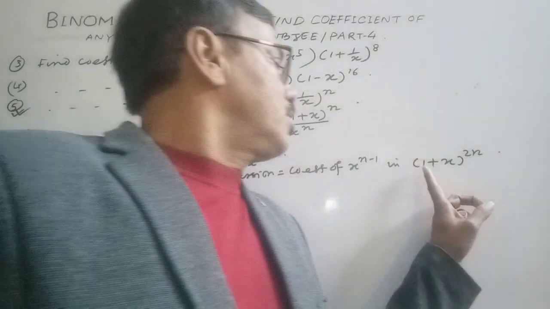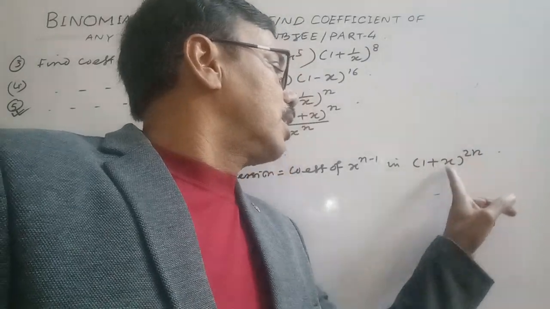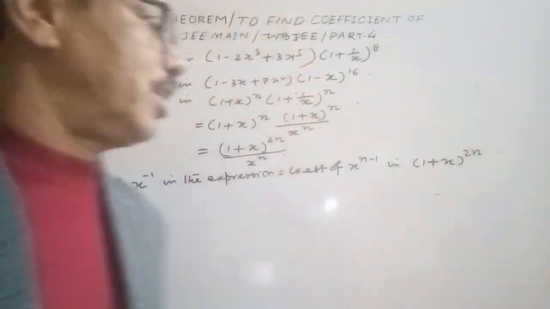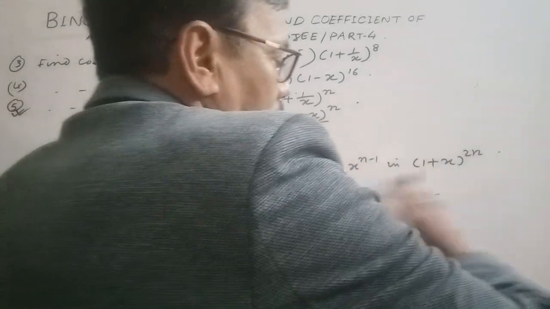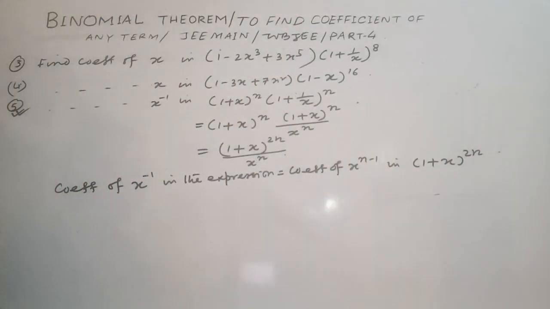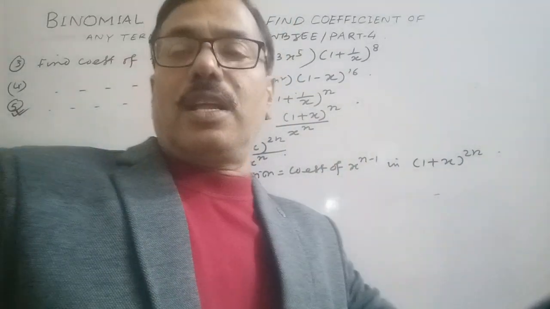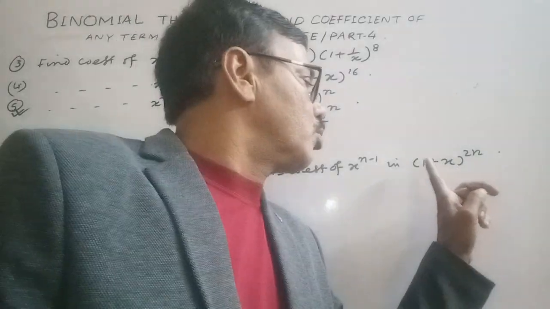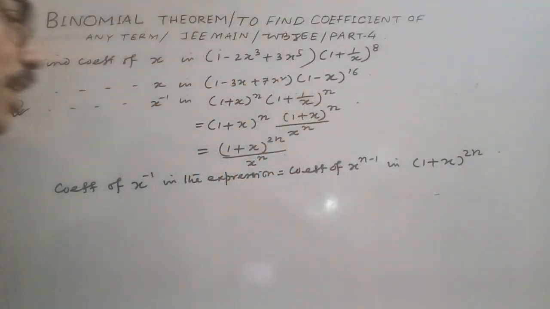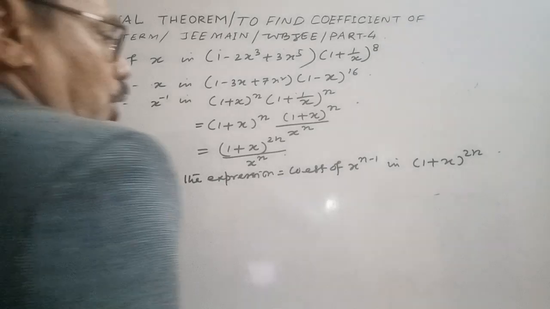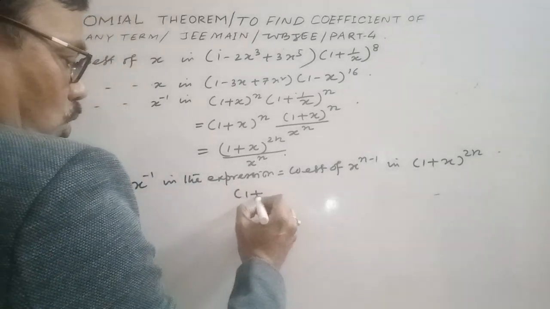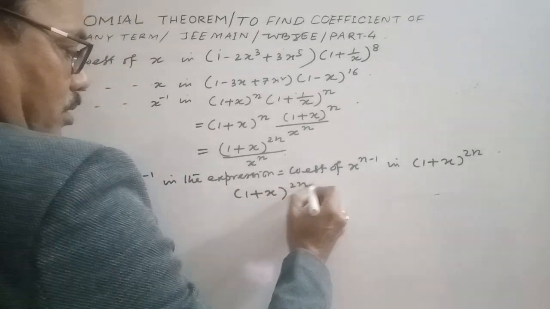Now, one term is 1 and another is x. So, this is very simple. No need of taking general method, because first term is 1 and second term is x. So, 1 plus x whole to the power 2n.